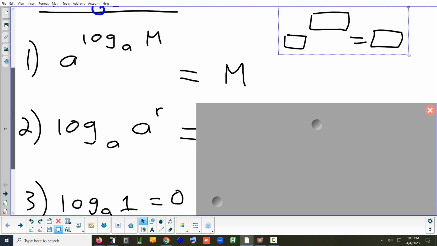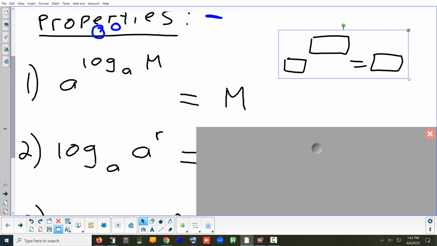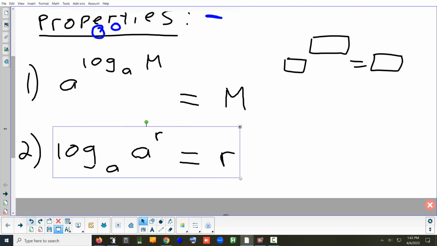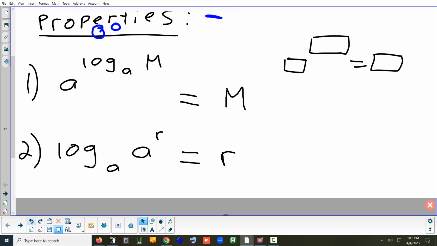Okay, so what's the pattern here? Pattern here is if you take the log and the base on the log matches the base on your argument, then the answer is whatever number was right there. Okay, so that's another special pattern.